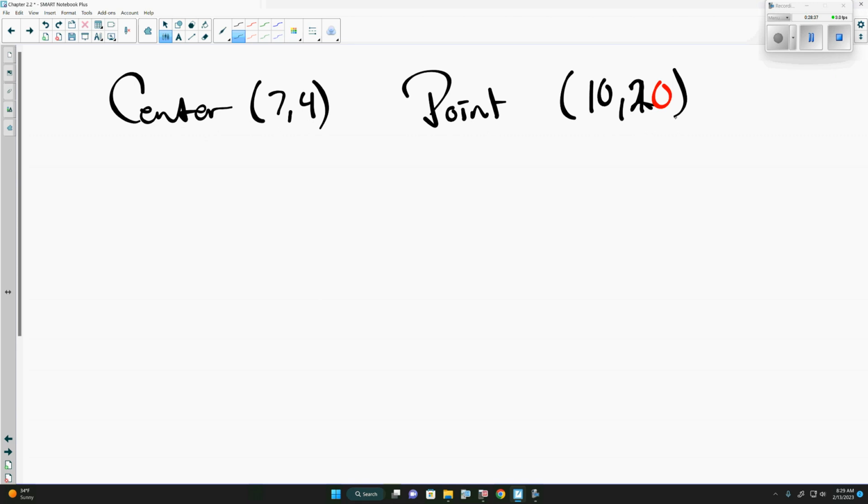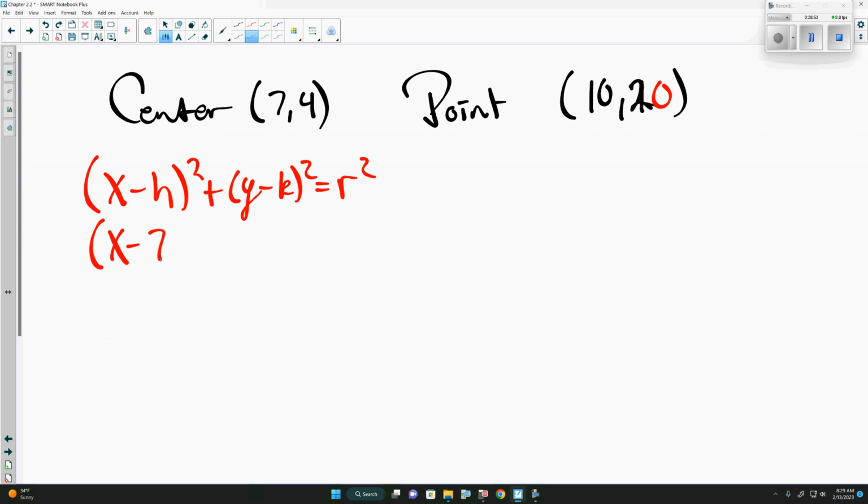Find the standard equation of the circle and graph it is the only other one that's going to come up. But for the standard equation of the circle, we already have most of it because we'd have x minus 7 squared plus y minus 4 squared. The only thing we don't have is the radius. That's the only thing we're missing.